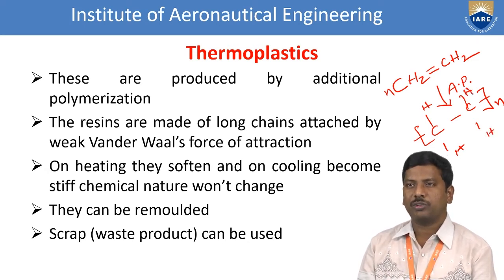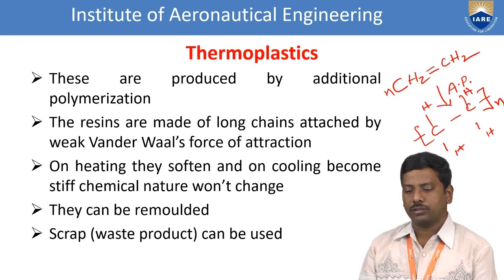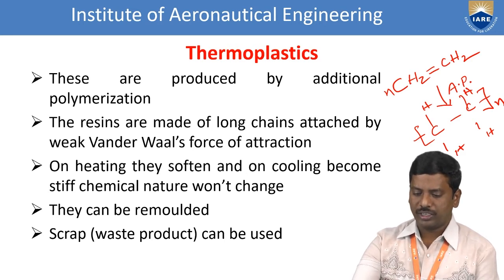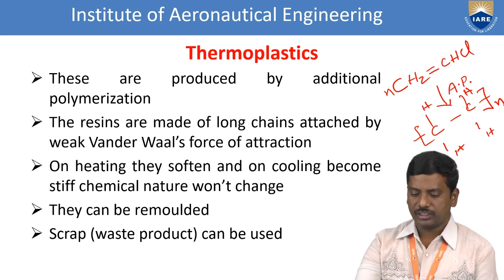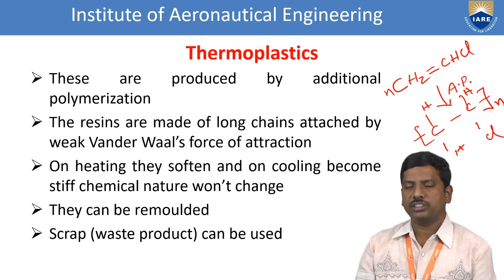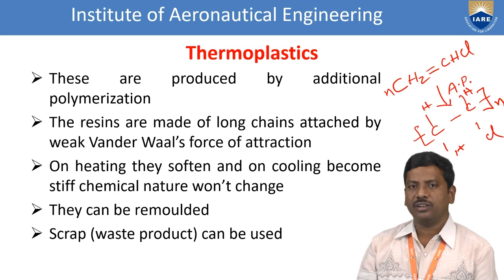So this is the example of addition polymerization, polythene. Like that, we observe polyvinyl chloride also, where one hydrogen is replaced by a chlorine atom. That means CH2=CHCl undergoes addition polymerization to give polyvinyl chloride. So these two are the best examples of addition polymerization.